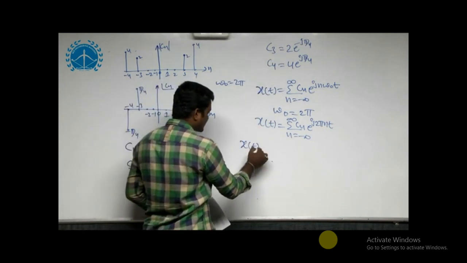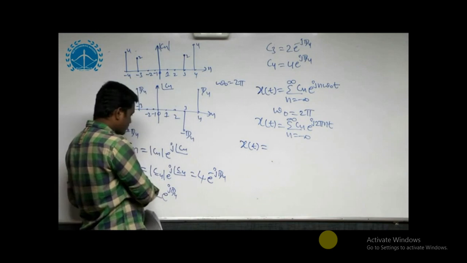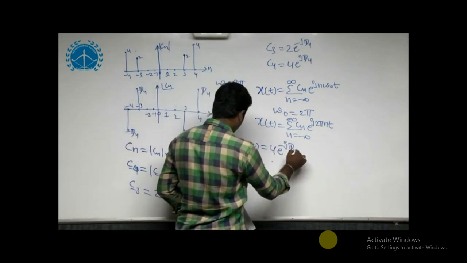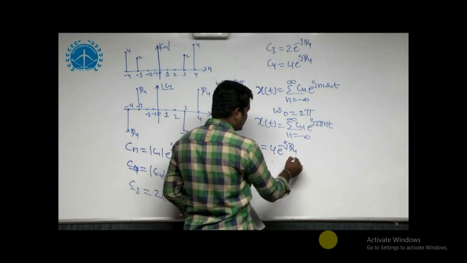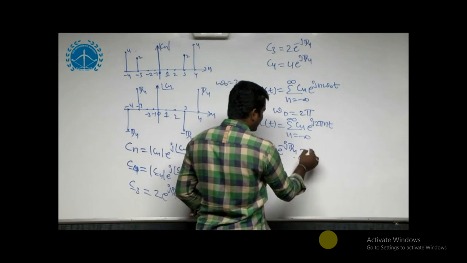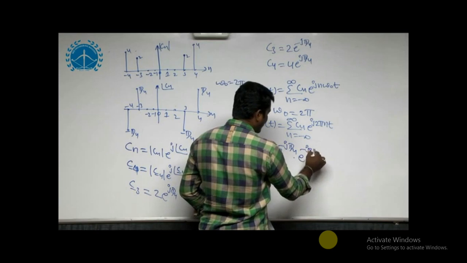Then x of t is equal to, first for minus 4, 4 e power minus j pi by 4 into, if I substitute n equal to minus 4 in this equation, e power minus j 8 pi t.